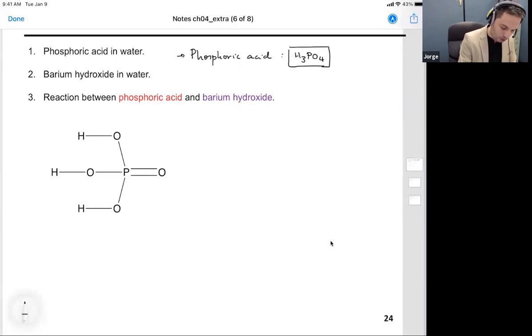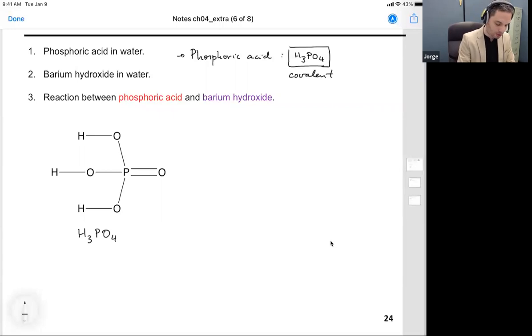This is a covalent compound. Okay, so that means there are electrons being shared among the elements. And the structural formula of phosphoric acid is the one I am showing right here. We have a phosphorus as the central atom, and each solid line means that there is a pair of electrons being shared.